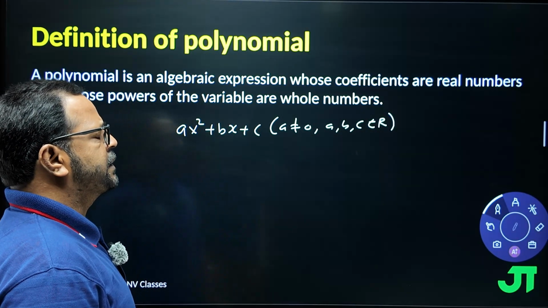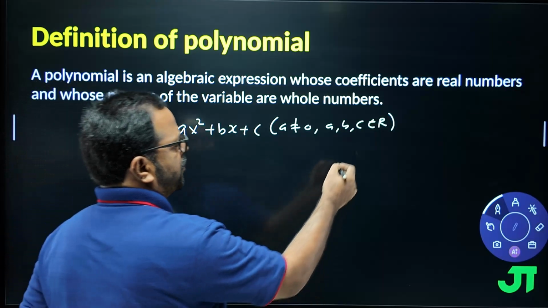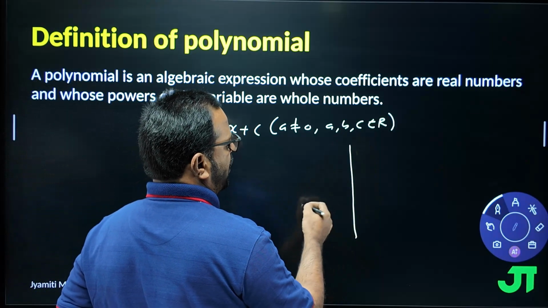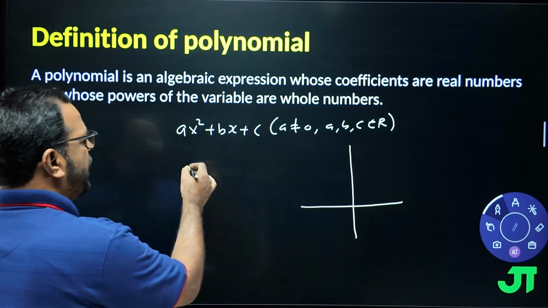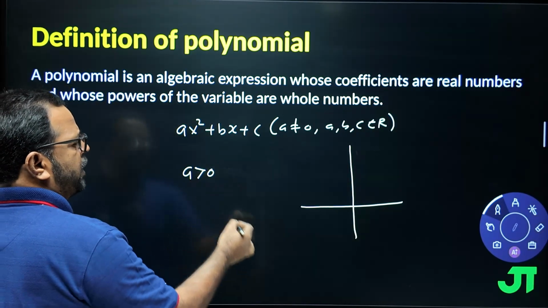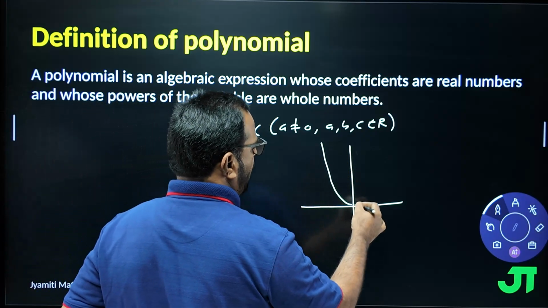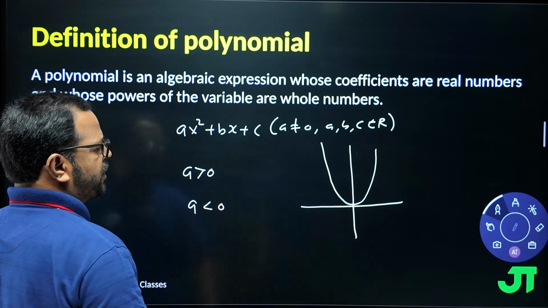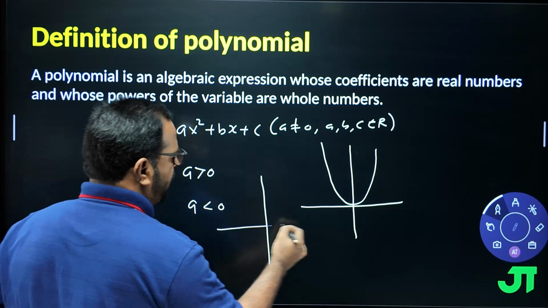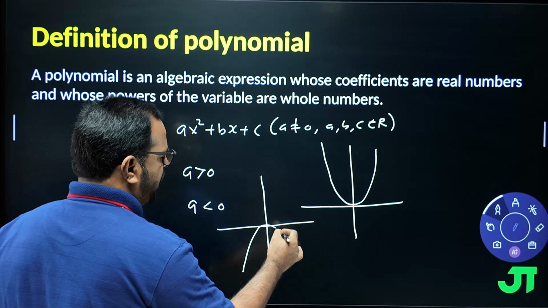The graph of a second degree polynomial or a quadratic polynomial is called a parabola. There are two types of parabolas. When a is greater than 0, the parabola opens upwards like this. And when a is negative, that is a < 0, the parabola opens downwards. So the figure is like this.